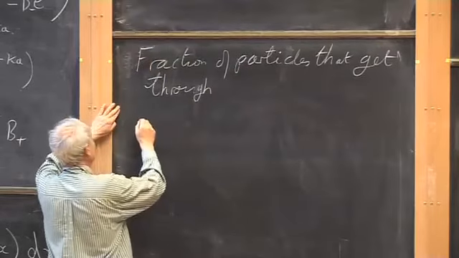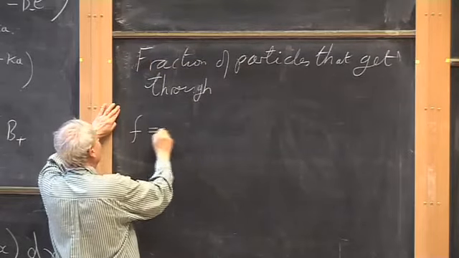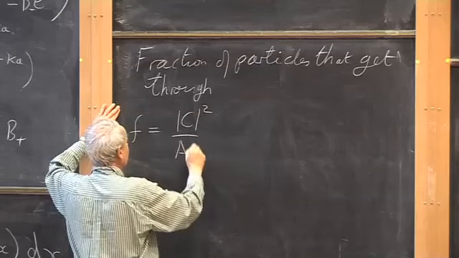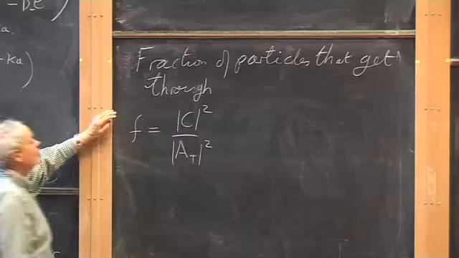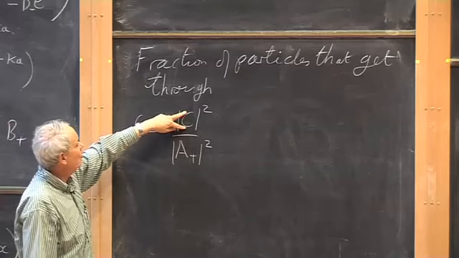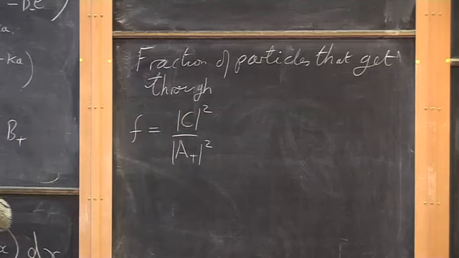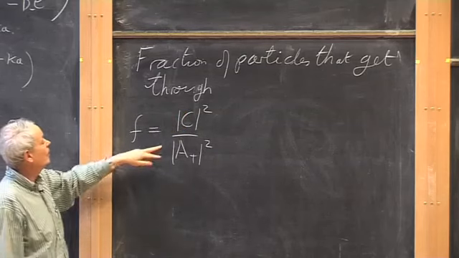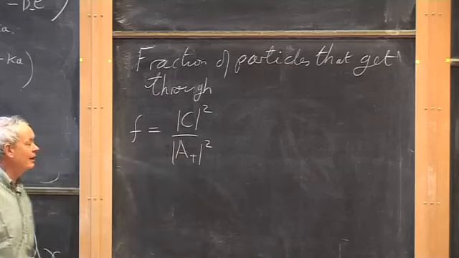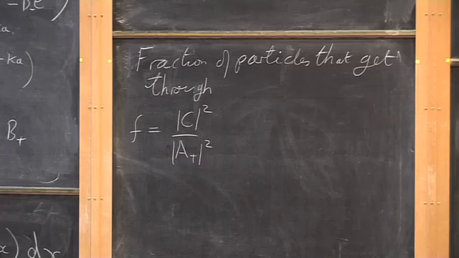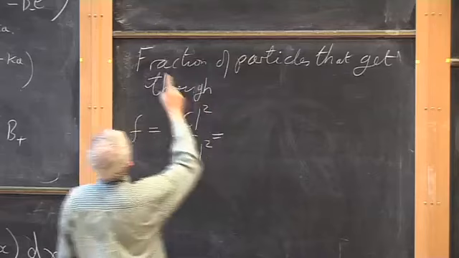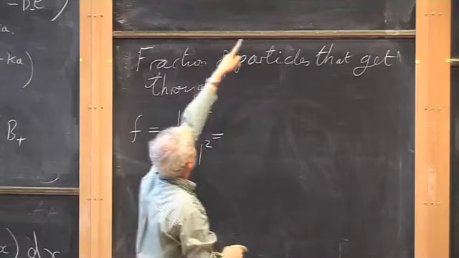So this fraction that we want, we'll call it F, is going to be mod C squared over A plus squared. Because the constant of proportionality, namely h bar k over m, between this quantity and the outgoing flux on the right, is the same as the constant of proportionality between this constant and the incoming flux on the left.